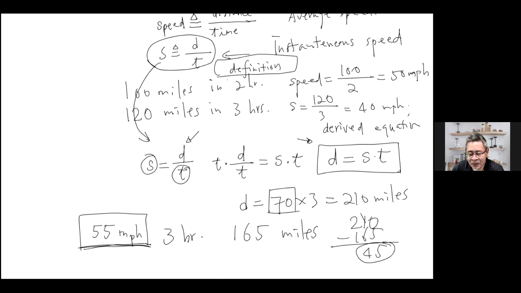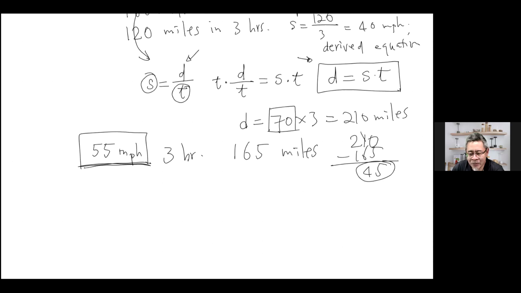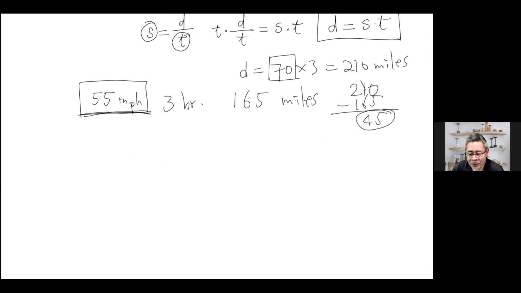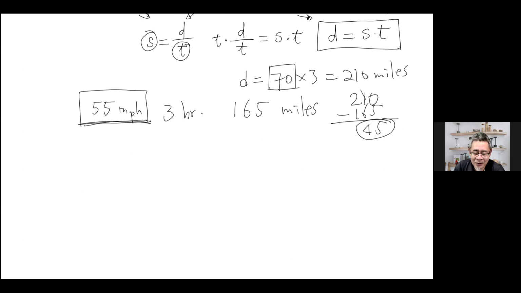Okay, now we know how to find distance given speed and time. Then what happens if we try to find the time, if we know the distance and speed? Again, we can either use the definition, or we can use the derived formula, distance equals speed times time.